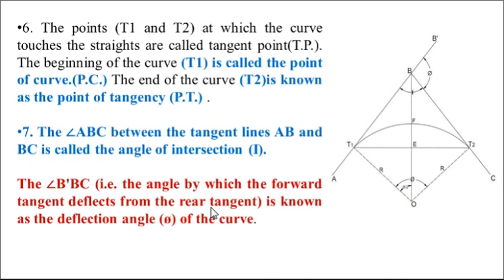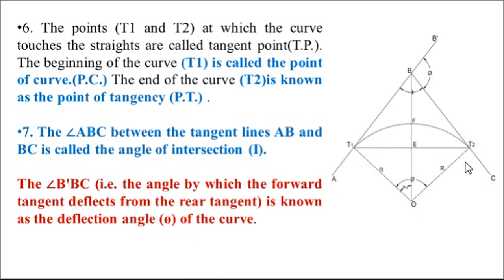The points T1 and T2 at which the curve touches the straights are called tangent points. The beginning of the curve T1 is called the point of curve PC, and the end of the curve T2 is known as the point of tangency PT. In this figure, this is point T1 and this is point T2.